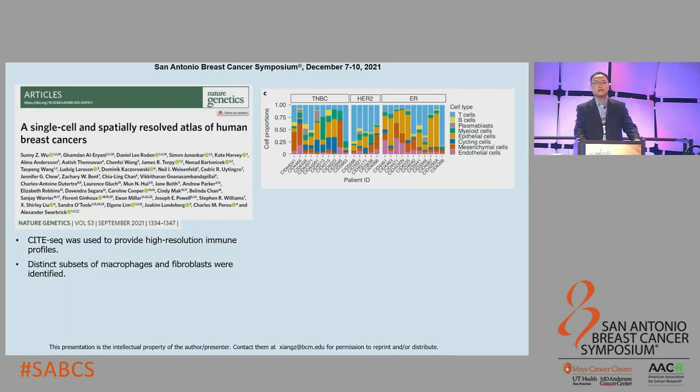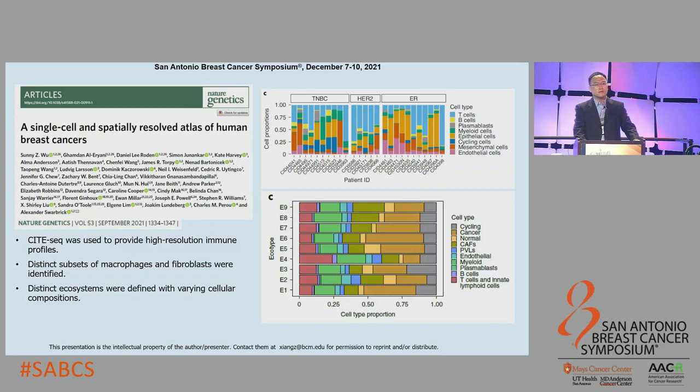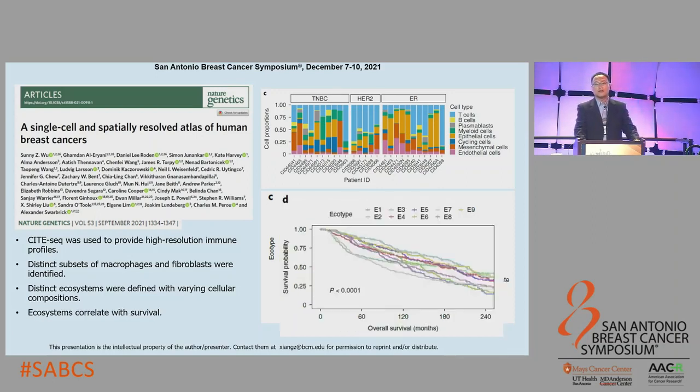Again, they identified different cell lineages as well as the same cell lineage with different statuses. And ecosystems were defined similarly, according to recurrent patterns of different combinations of cells and their functional status. And again, this ecosystem is correlated with patient survival independent of the known parameters.